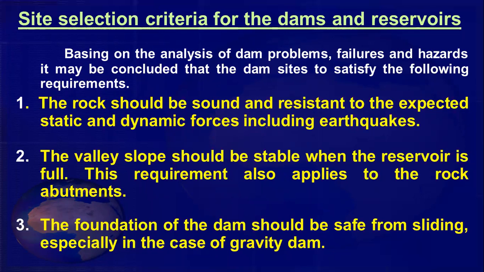The rock should be sound, meaning it should be firm. The strength of that rock should be highest. The compressive strength should be highest because it has to resist a huge amount of pressure. So it has to bear the static and dynamic forces, meaning stable forces and varying forces also.